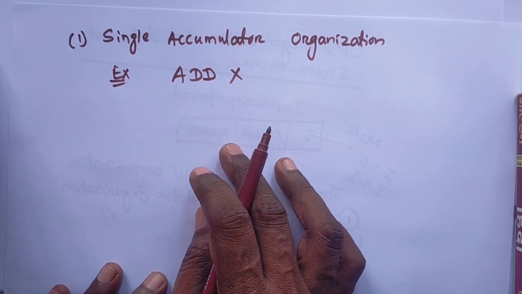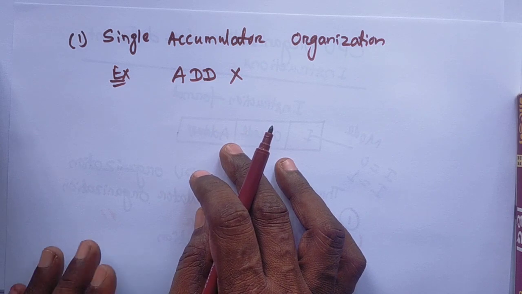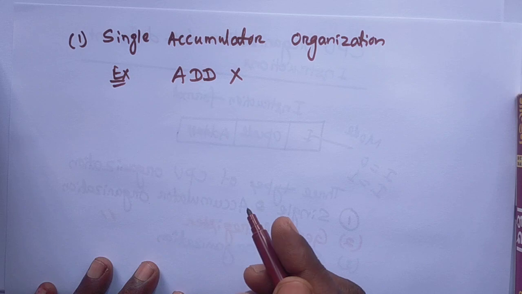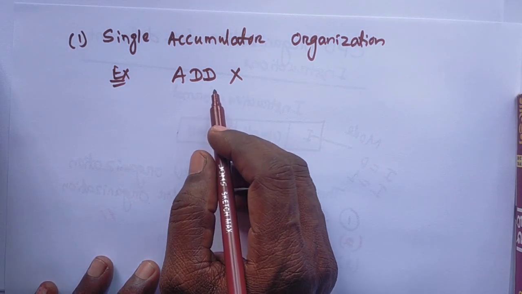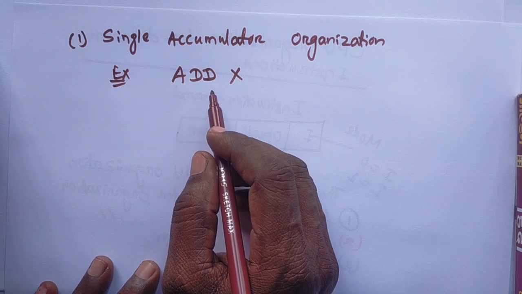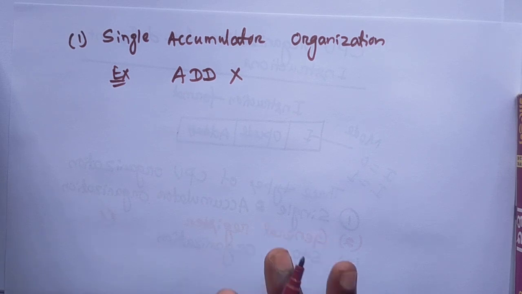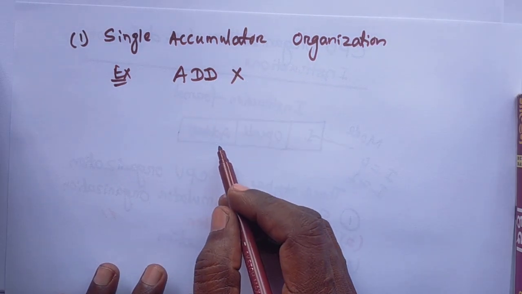X is one operand, but addition, or any kind of arithmetic operation, needs two operands, and here we have only one operand. Then how do we add? With the help of the accumulator we can add. In a very simple way we can go through this add operation.